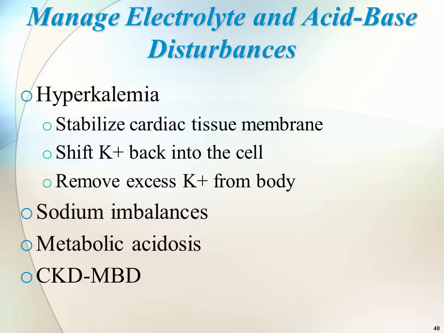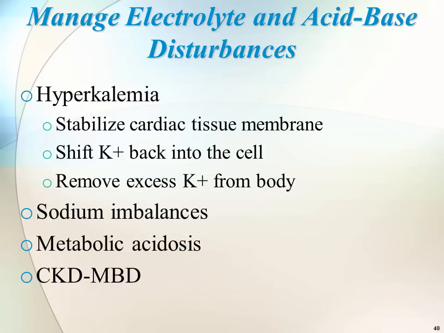Phase 2, shift the potassium back into the cell. We can shift the potassium back into the cell by giving sodium bicarbonate. We can also do it by giving insulin and glucose. Both will take extracellular potassium and move it to the intracellular space. And the last thing is to remove excess potassium from the body, and we can do that with furosemide or another loop diuretic, Bumex maybe.